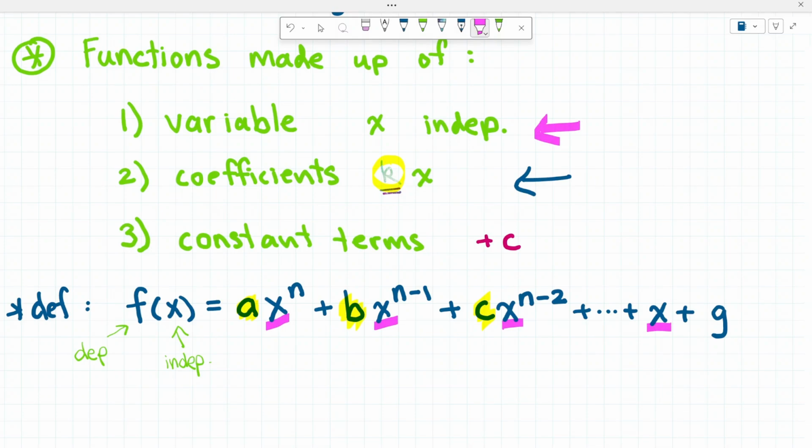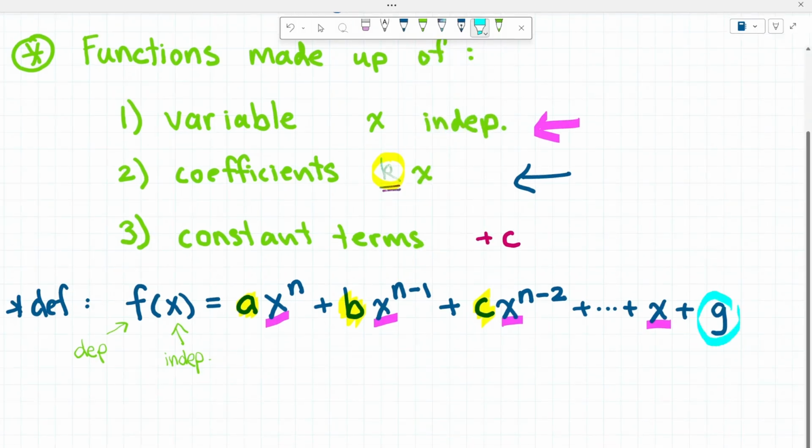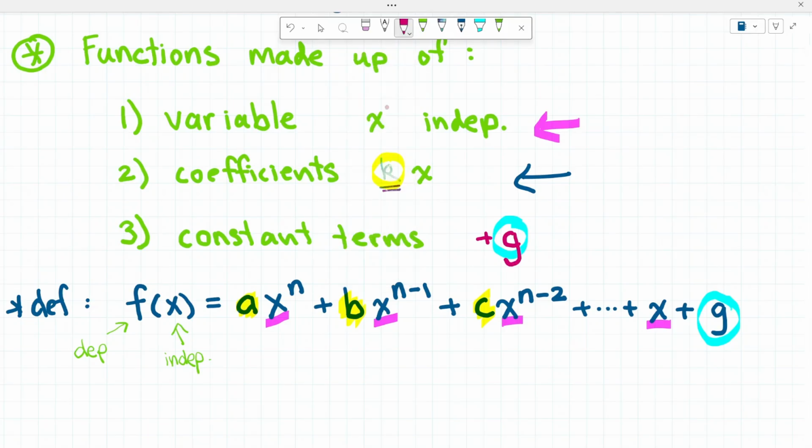That is our independent variable x. And lastly, we have our final constant term at the end, our g, which I ended up writing as c over here. These are just variables, so they can be interchangeable. Essentially, it is just a constant value that you have at the end of the function that's not multiplied with any other variable, just on its own.